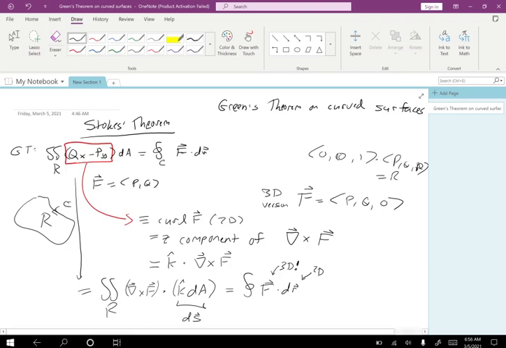So now we end up with what actually is Stokes' theorem. If we replace R with S, then I'm going to write down what Stokes' theorem is.